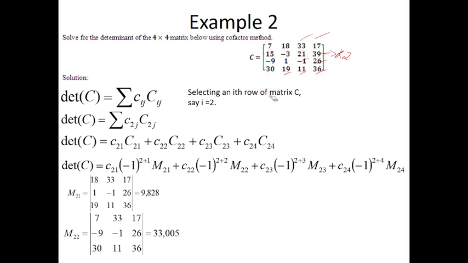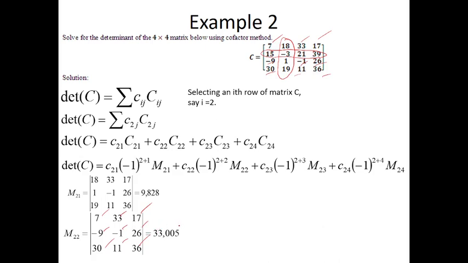And then for the next minor in the second row, second column, we eliminate the second row and the second column, and what will be left are as follows: 7, 33, 17, negative 9, negative 126, then 30, 11, 36.